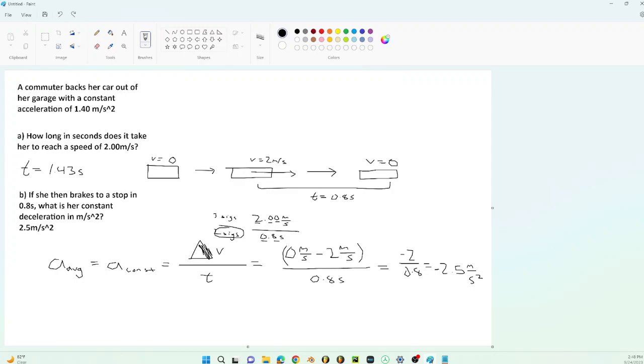Well, constant deceleration, since deceleration is negative, saying we decelerated at negative 2.5 meters per second squared is the same as saying we accelerated 2.5 meters per second squared. And that's not the case. We are decelerating. So in this case, it's just going to be 2.5 meters per second squared because if you say you decelerated 2.5 meters per second squared, that's equivalent to saying you accelerated negative 2.5 meters per second squared.